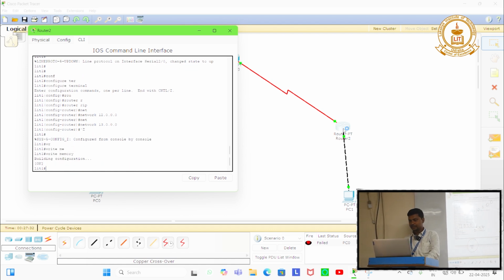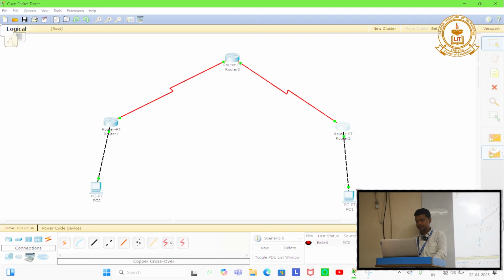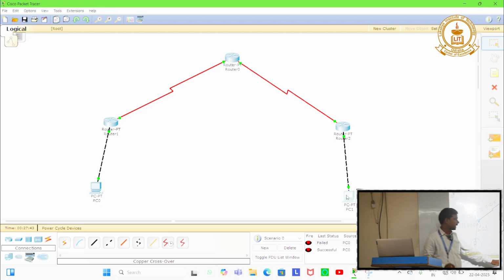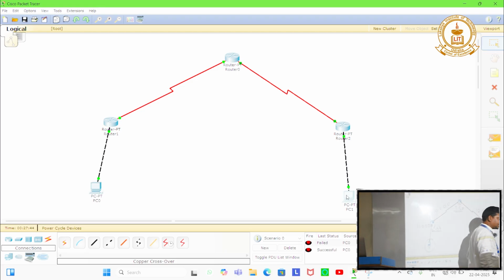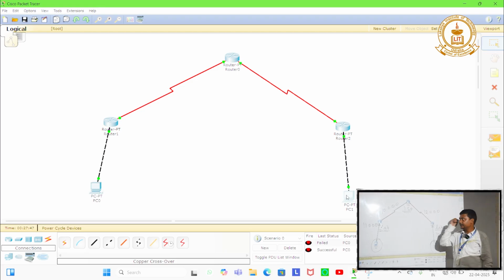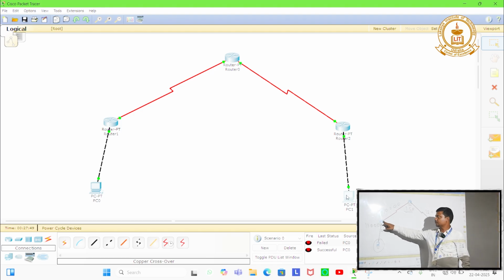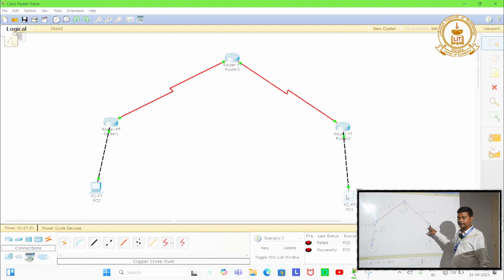Now our aim is that PC0 successfully connects to PC1, and the status is successful. These are different locations: this is Bhubaneswar and this is Calcutta. It is one organization but two different locations.